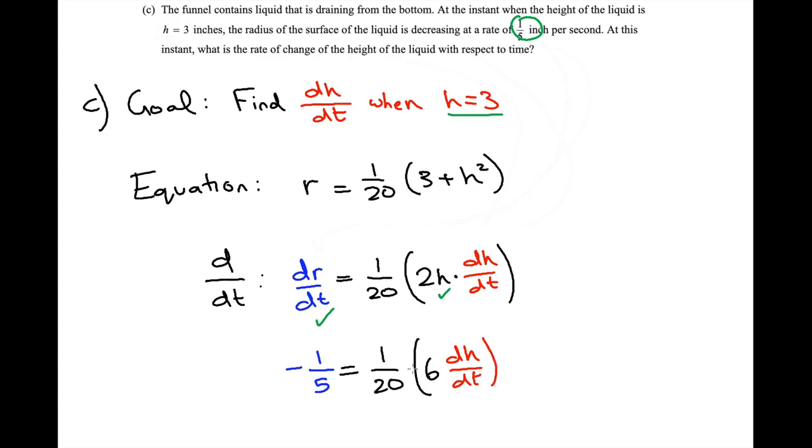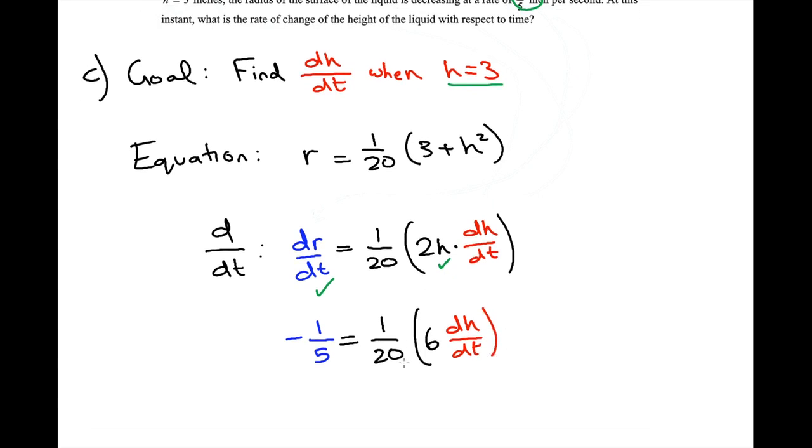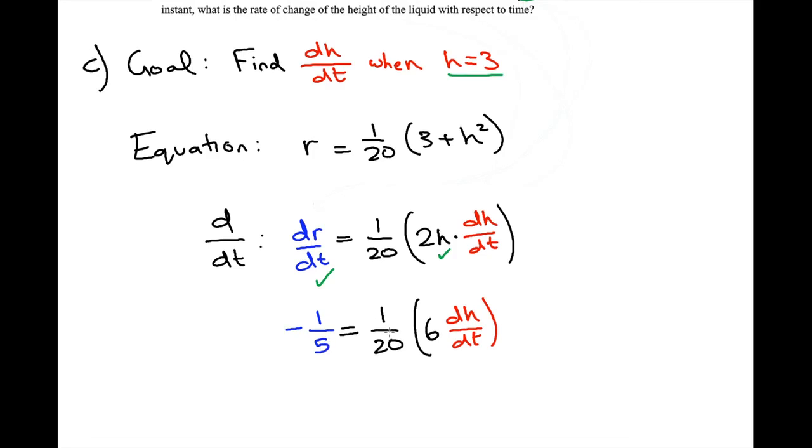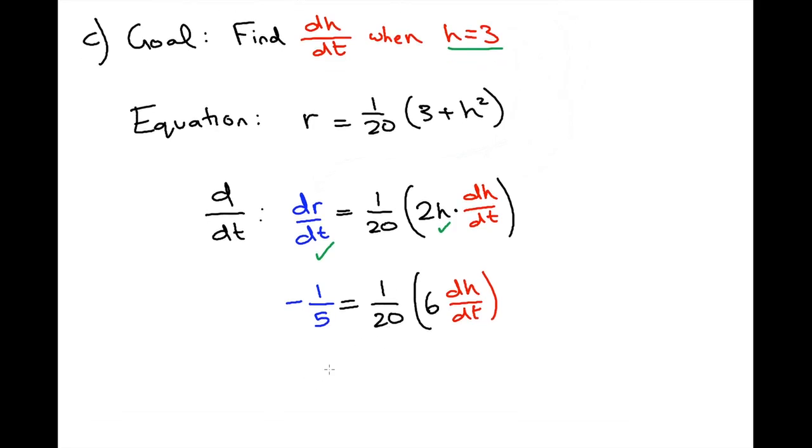Okay. Now to solve for dh/dt, I'm going to multiply both sides by 20 and then divide by 6. So 20 divided by 5 is going to be 4. 4 divided by 6 is going to be 4/6. So my final answer is going to be dh/dt is equal to 4/6, or in other words, 2/3.